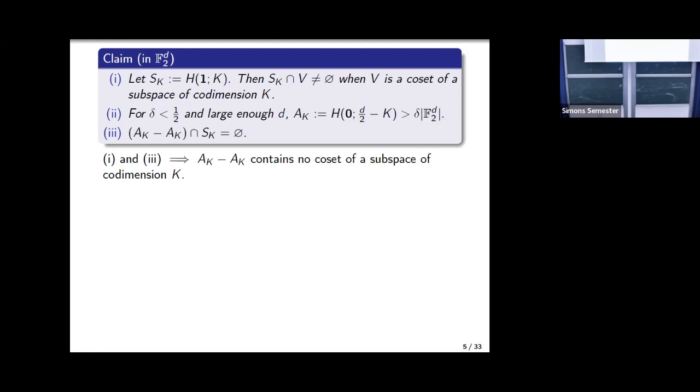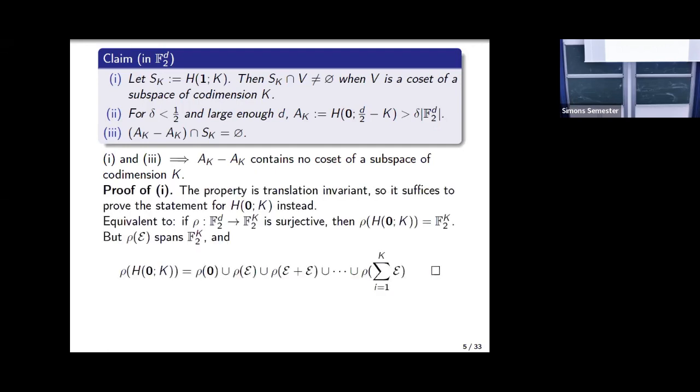And 3, why 3? Well, if you subtract two elements in this Hamming ball, you get something in the Hamming ball of radius D minus 2K around 0, and it's easy to check that's disjoint from the Hamming ball of radius K around 1.